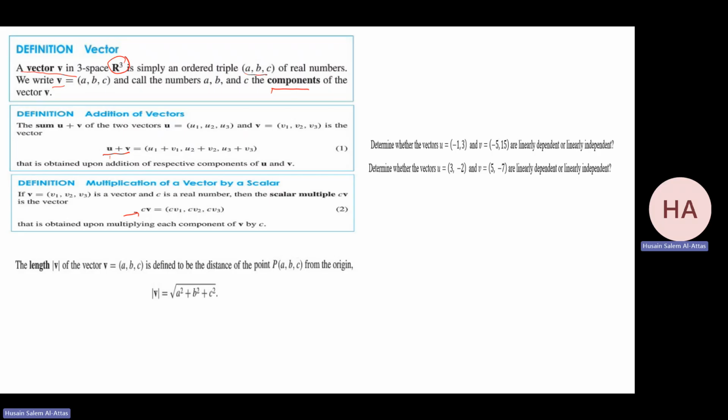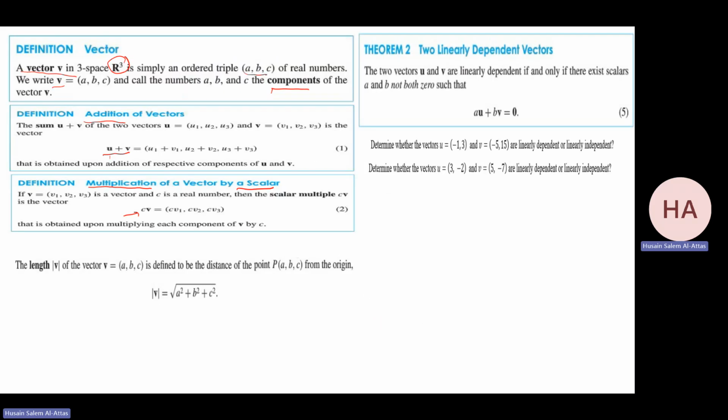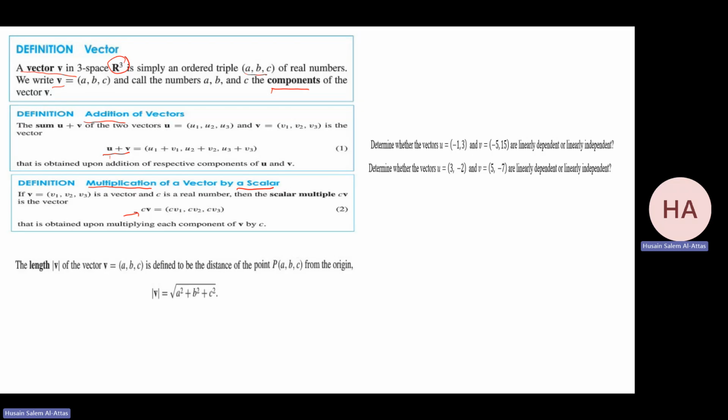Mainly, we are concerned about these two operations, which are addition and multiplication by a scalar, or scalar multiplication. These are the two main operations we usually deal with. We can also define the length of a vector (A, B, C).